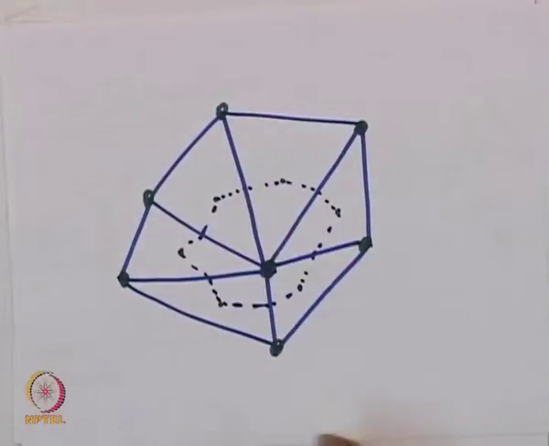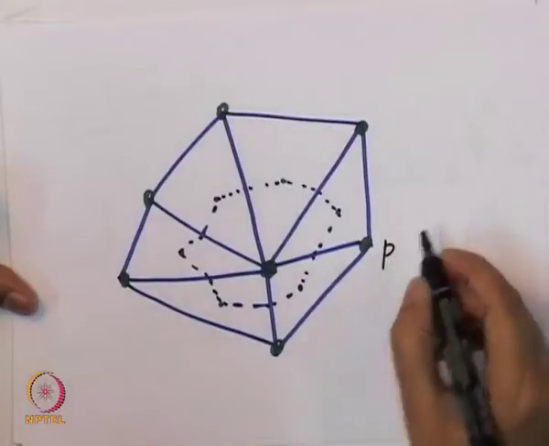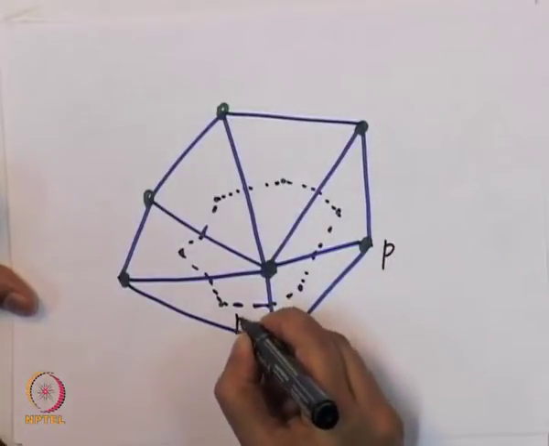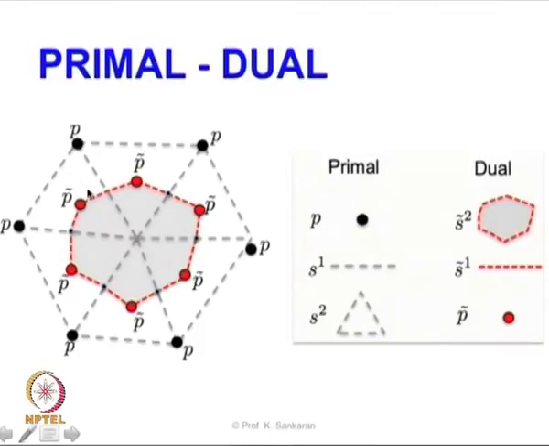If we call this one P, these points will be P tilde. The tilde is just to show that they are the dual coordinate, and that is what you have in this slide. These barycentric points, P tilde, are the dual coordinate of this surface.